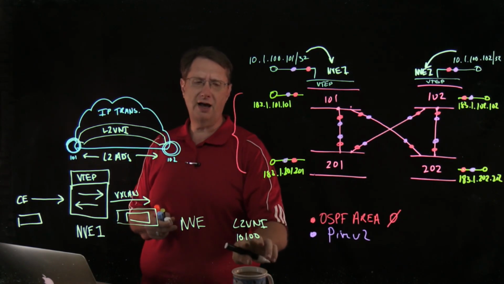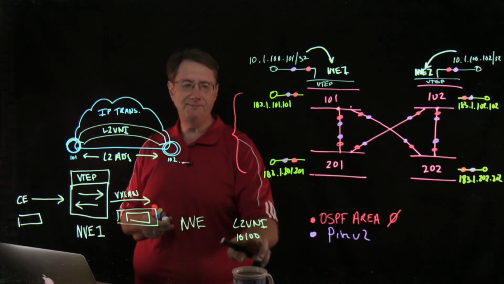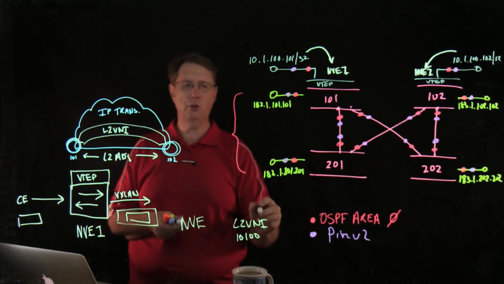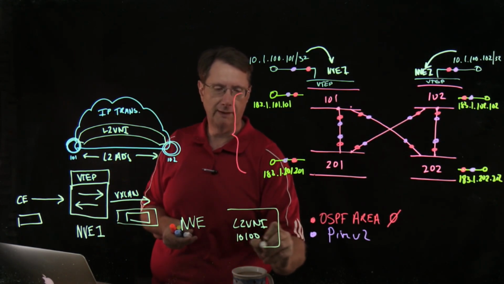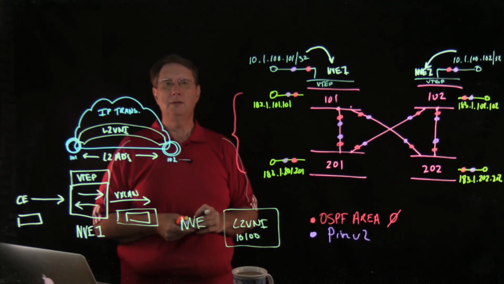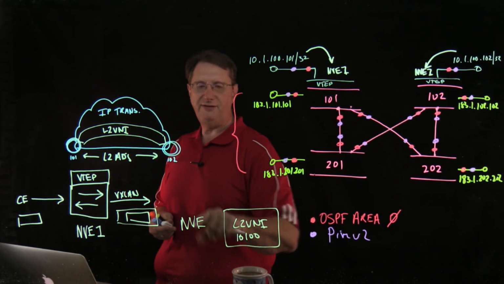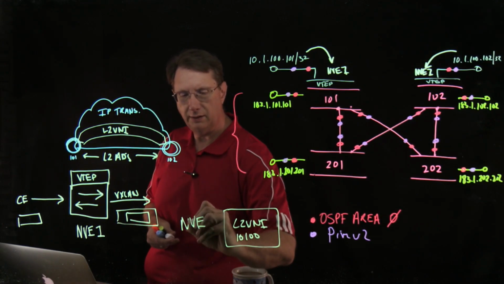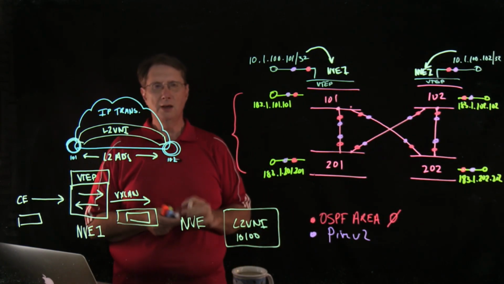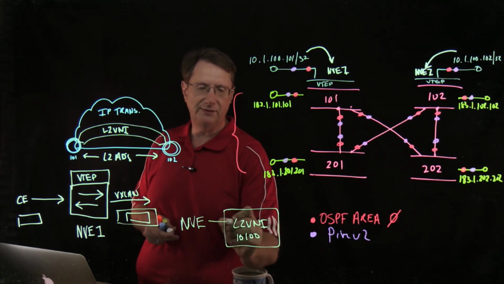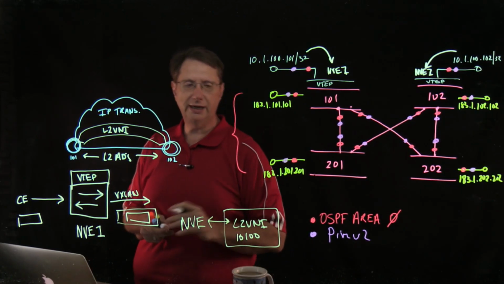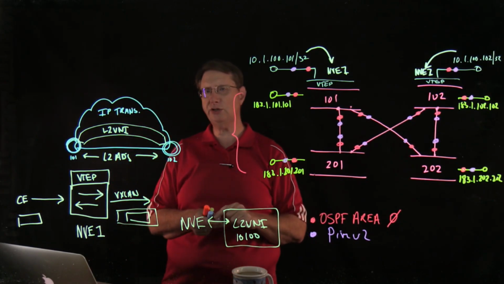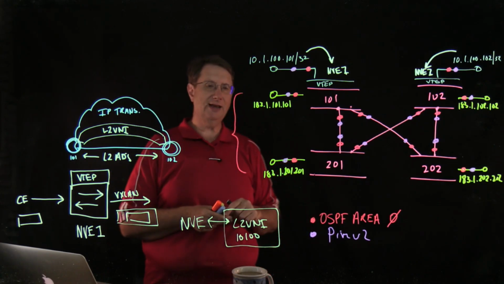I do this a lot of times: the last three digits are the VLAN, and this basically just tells me that it's going to be the VXLAN config. So let me go ahead and make this a little bit neater. So the NVE, the Network Virtual Edge interface, has to somehow be associated to the VNI.